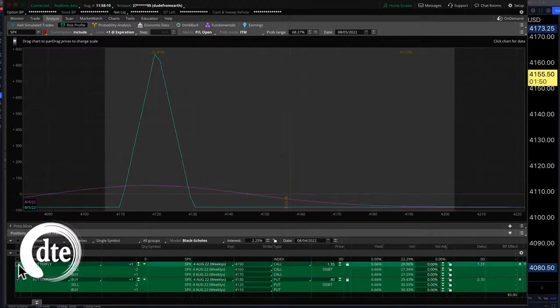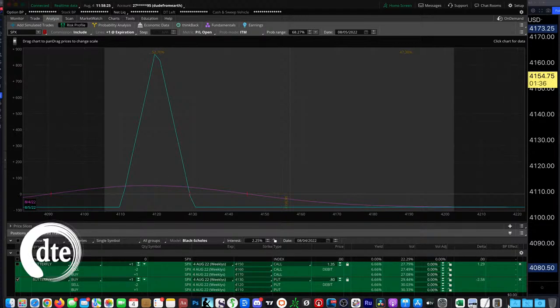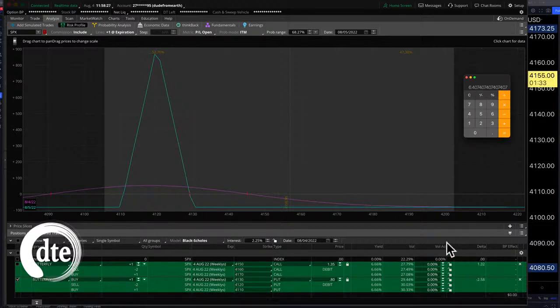I'm going to look at it separately. Now, when I put this one on, it only cost me, was it 80 cents? Let me just check here. Yeah, it cost me 80 cents. So what was that risk to reward? It's down right now.